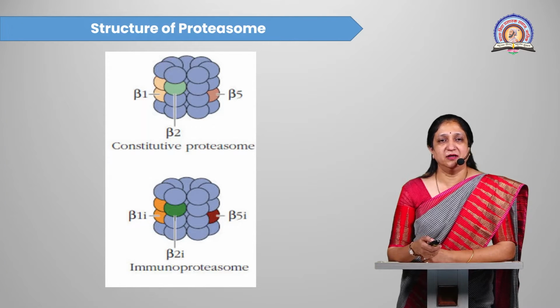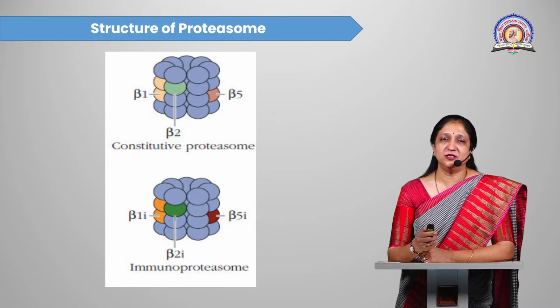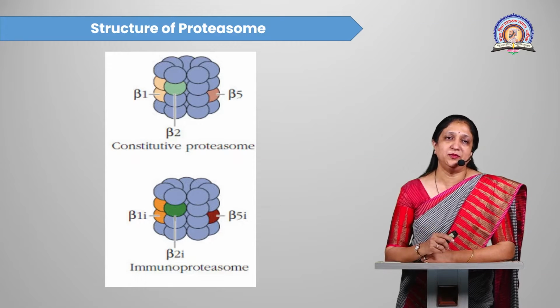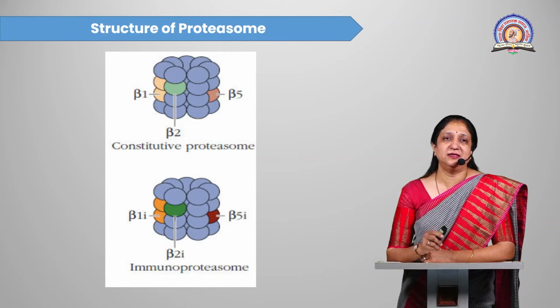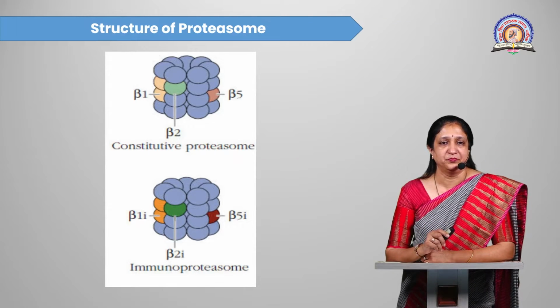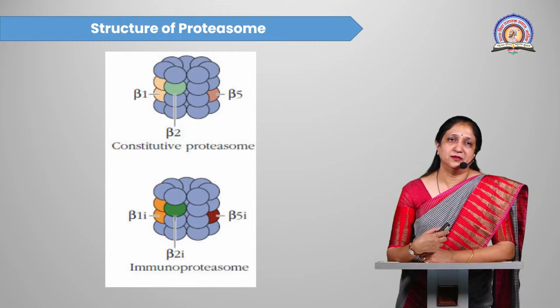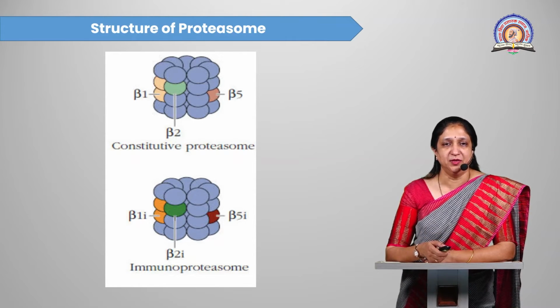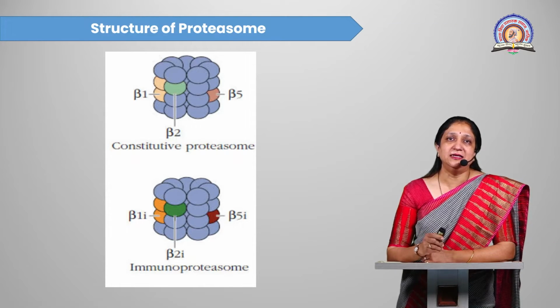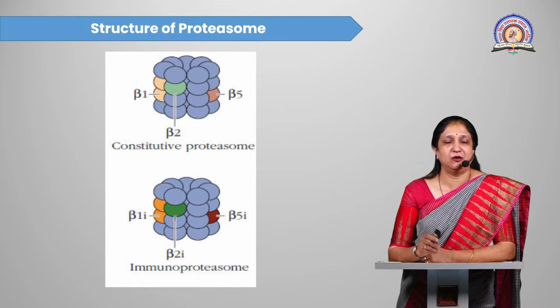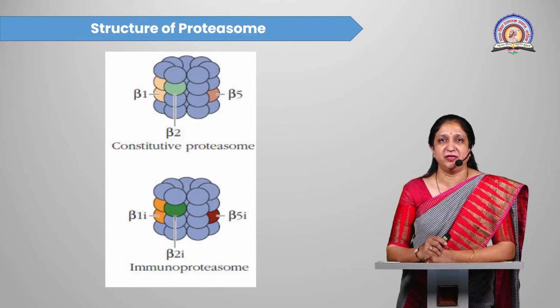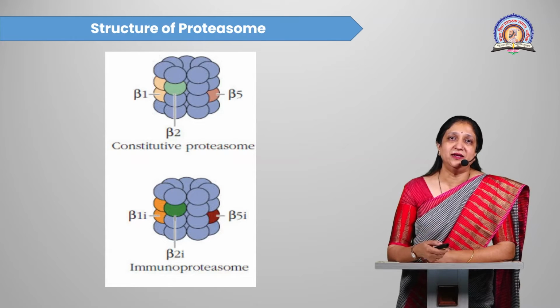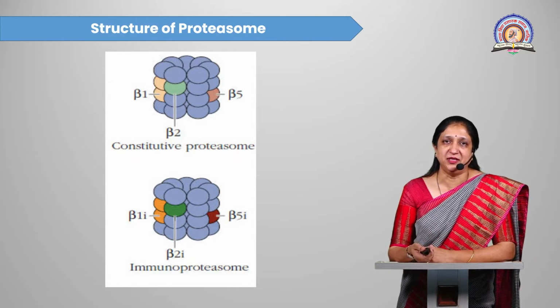In this figure, you can see that the constitutive proteasome is the ubiquitin proteasome, which has three catalytic subunits, the beta 1, beta 2, and the beta 5 subunit. While another variant of the proteasome, which is referred to as the immunoproteasome, is the proteasome which helps in cleaving the antigenic proteins into small peptides, and these are the variants of beta 1, beta 2, and beta 5.